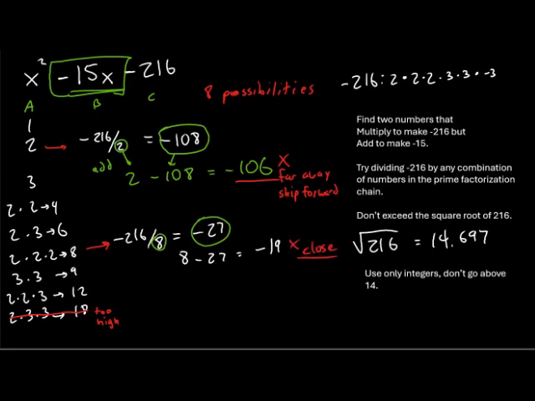So that means our answer will be close to 8, even though we know it's not 8. So let's go one step further and try 9. We'll take negative 216 divided by 9. When we take that division, we will get negative 24. When we take 9 minus 24, we will get negative 15, and that is a match.